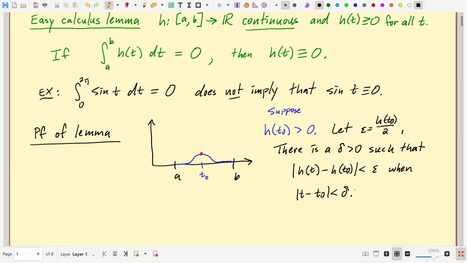Okay, and think about what that means here. Wait a minute, no, that's my h of t naught, and my epsilon is halfway.